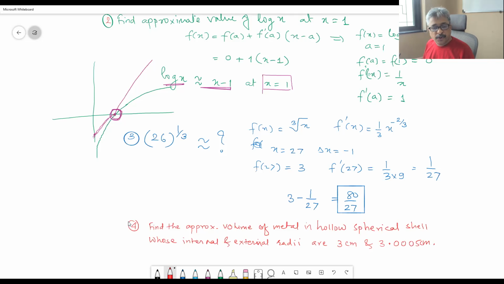Okay. So what is the approximate difference in the volume? I mean, that means what is the approximate volume of the hollow spherical shell?